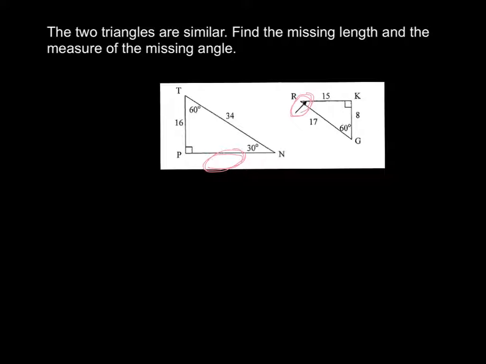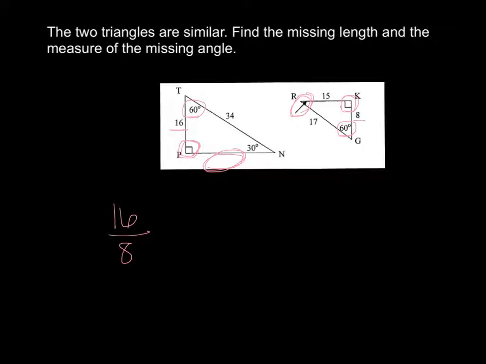So here's what I'm looking at: 60, 16, 90 degrees. Here I'm looking at 60, 8, 90 degrees. Okay, so for my one proportion, I'll start with the bigger triangle, so I'll put 16 on top, 16 over 8.